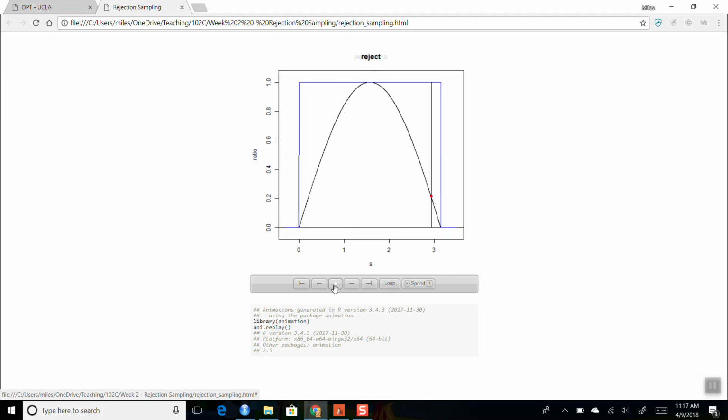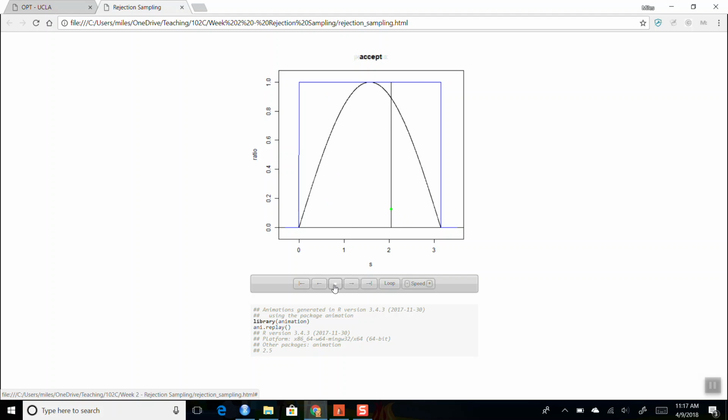If it ends up above or below the line, you will either reject it or accept it. Here we accept it. I don't know if it's obvious, but being a uniform sampler, all values between 0 and pi are proposed with equal probability.